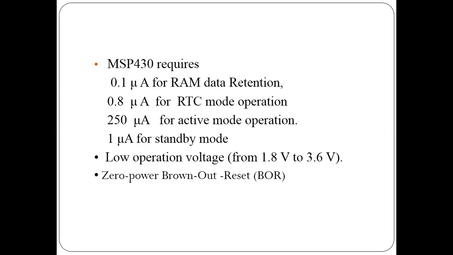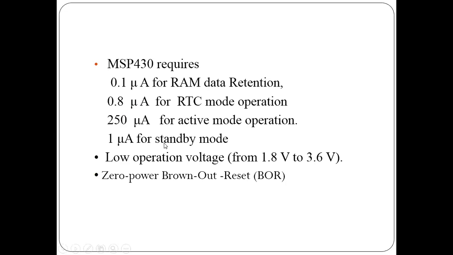Other than these, if you go through its low power consumption, in active mode it takes about 250 microamperes of current, whereas in the RTC mode and RAM retention mode, which are low power modes, it takes only 0.8 and 0.1 microamperes. So in this way, power consumption is reduced drastically because of the low power modes available in MSP430.